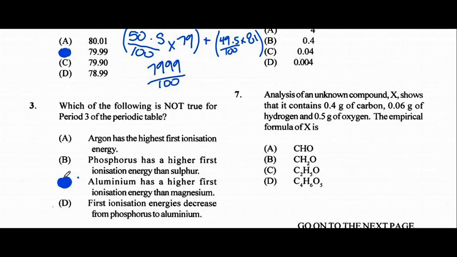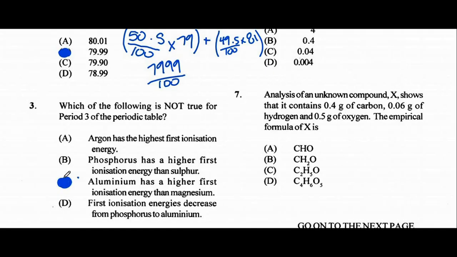It's rather the opposite, because when you go to aluminum, you enter the 3d orbitals, right?